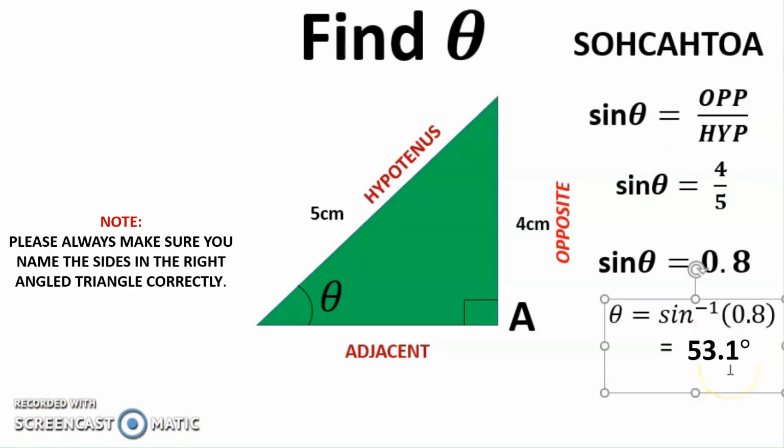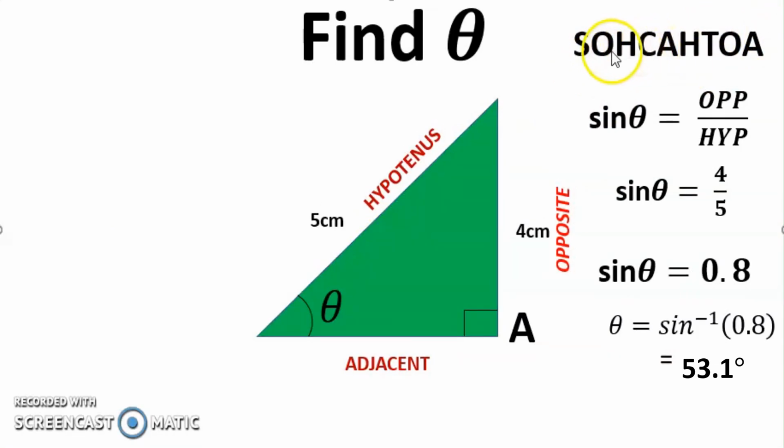Whenever you are given this kind of problem, try as much as you can to follow the steps. The first thing you do is to find out the angle under consideration. If you know the angle under consideration, it will help you to know where your opposite, adjacent, and hypotenuse are. When you have located them, then you write down the acronym Sohcahtoa.